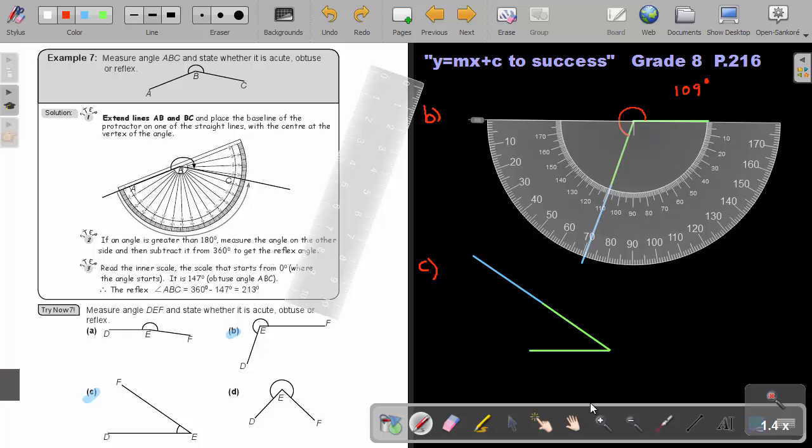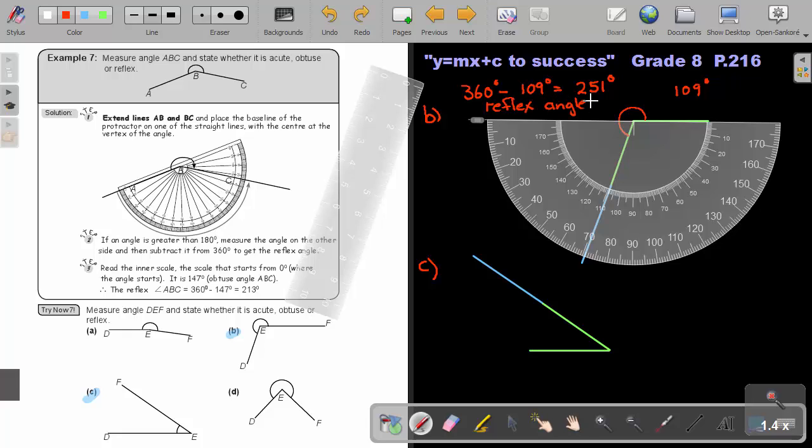Remember, to find that answer, I will take the revolution of 360 and I will subtract the 109 degrees. And that will bring me to an answer of 251 degrees. And if I look at this answer, you can see this is now the red one there. Then I will see it's bigger than 180. So I will say it's a reflex angle.